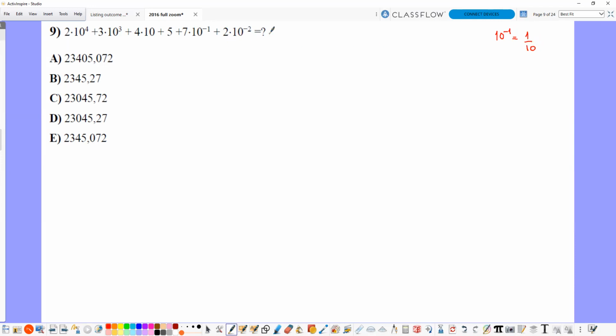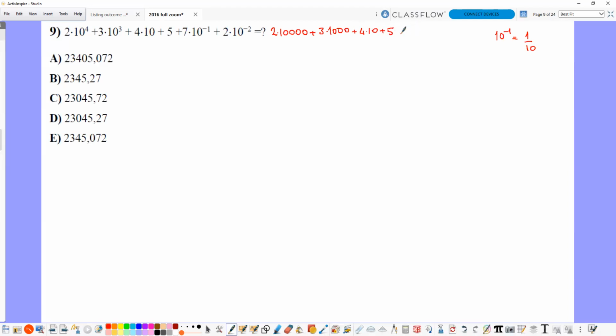So here, if I rewrite these numbers, this is 2 times 10,000, plus 3 times 1,000, plus 4 times 10, and plus 5.